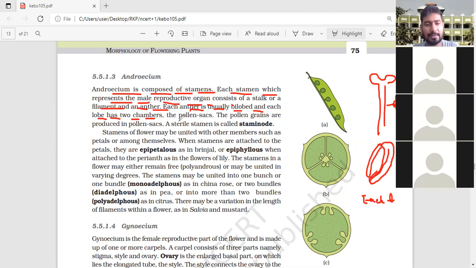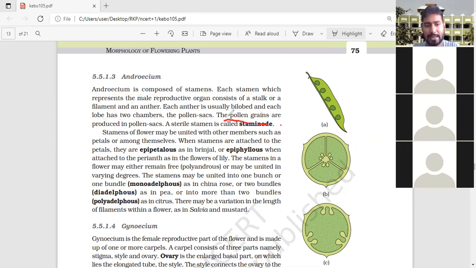In the chambers, which are known as pollen sacs, are filled with pollen grains. The pollen grains are produced in the pollen sacs, I told you already.